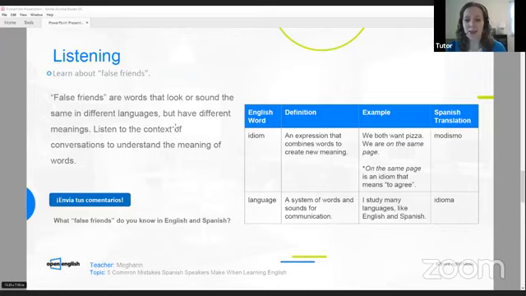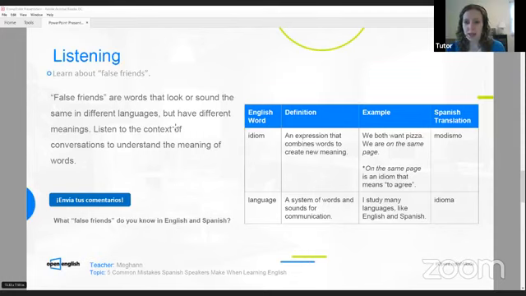Jenny says swim. Maria says statement. Sergio says studying. Very good. Do you know any false friends? Do you know words that look similar in Spanish and English, but are different? Any ideas? I will watch for some comments here.